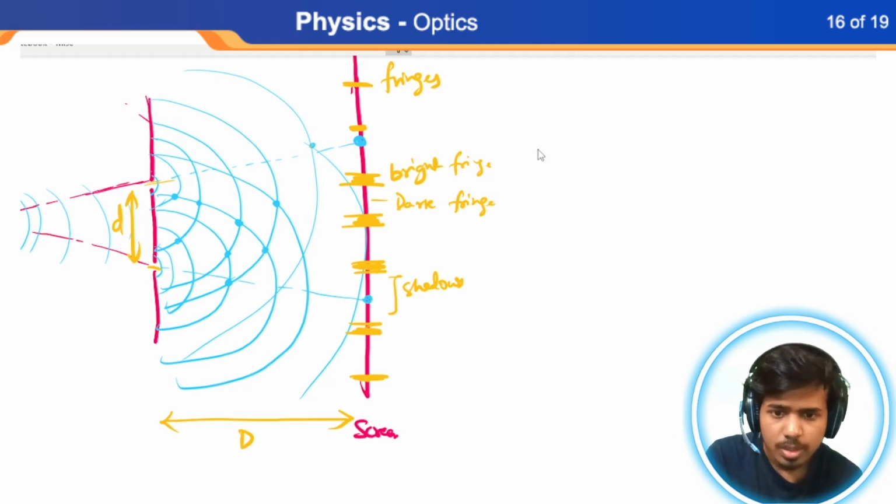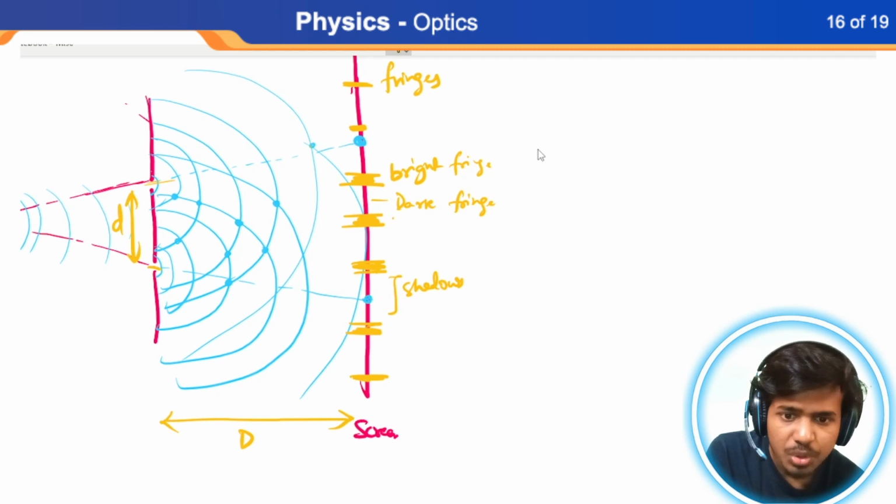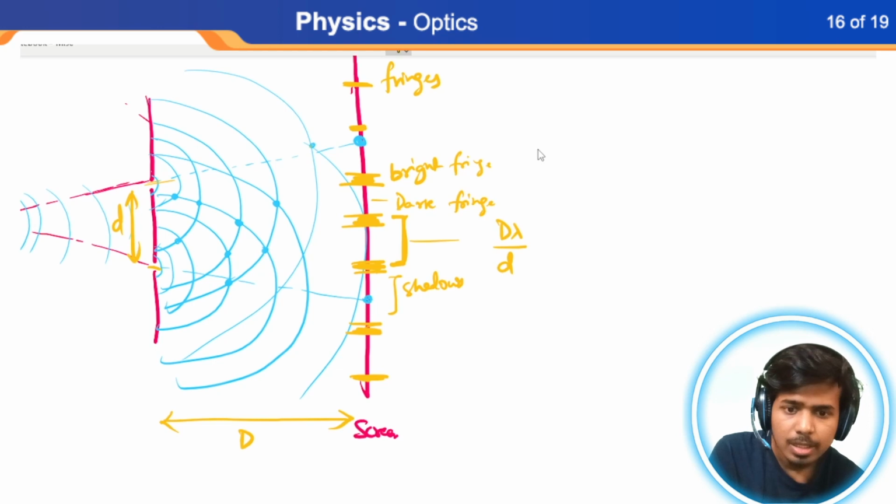So the distance between two bright fringes is simply D lambda upon small d, and the distance between one dark fringe and the next dark fringe is also D lambda upon d.